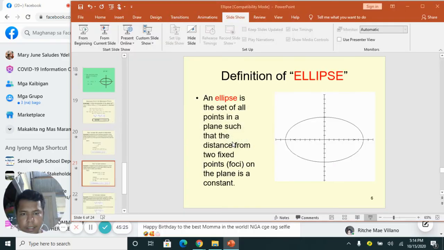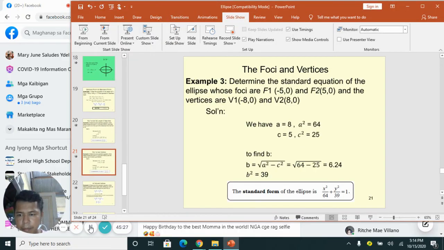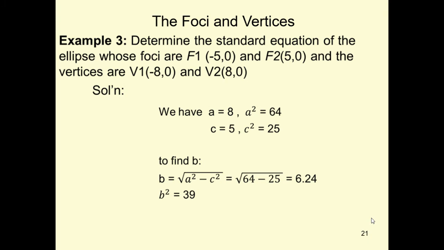If we are given the foci and vertices, we're going to find the standard equation. Determine the standard equation of the ellipse whose foci are found at negative 5, 0 and 5, 0 and the vertices are negative 8, 0 and 8, 0.